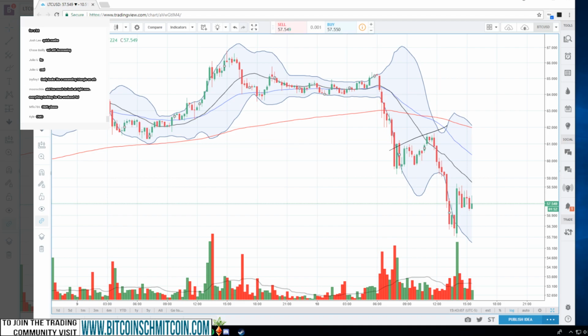We had a bear flag here, we have a bear flag here. This is a move of 62 minus 55, so the flagpole equals $7. It breaks out here, which is 57. It'd be 57 minus 7, which equals $50. So we can expect to see it go down to 50 bucks.